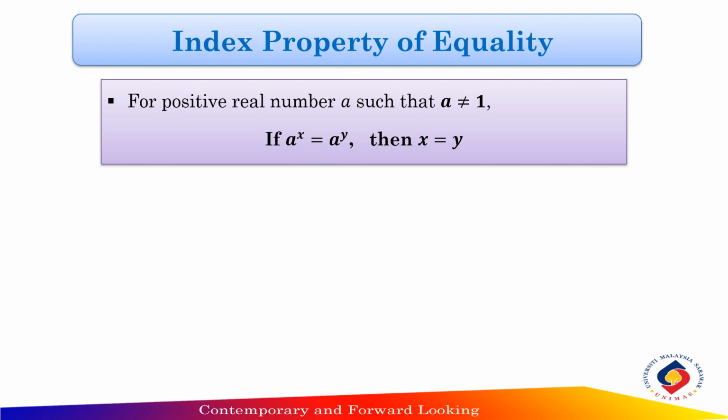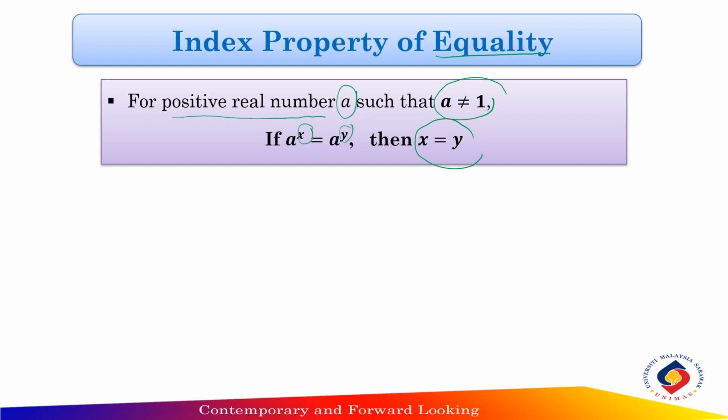Next, index property of equality. For a positive real number A such that A is not equal to 1, if we have A to the power of x equal to A to the power of y, with the same base A, we can conclude that the index x is equal to y.